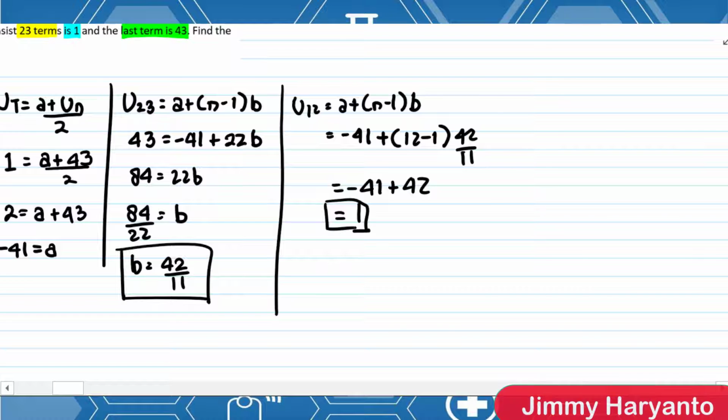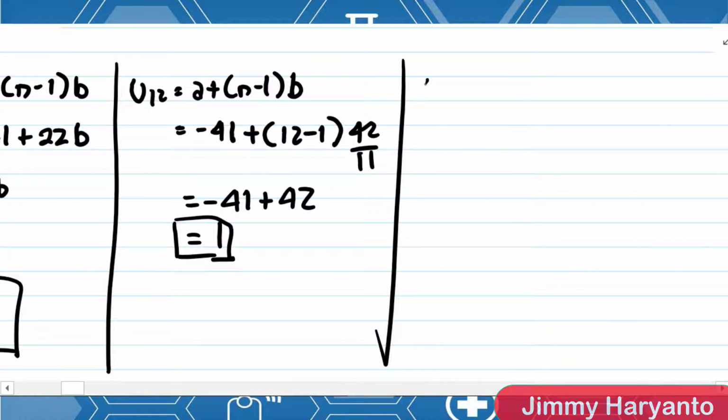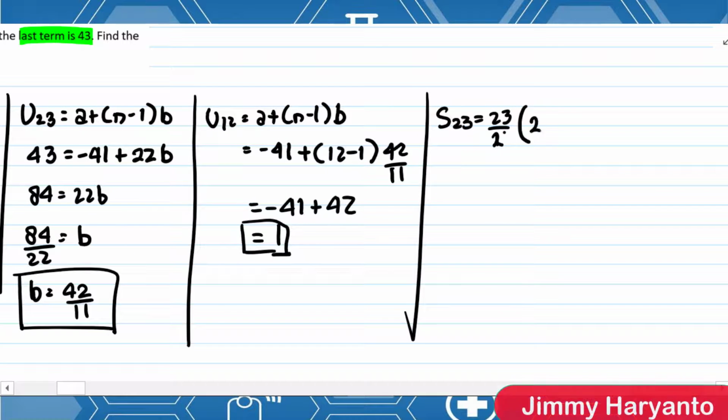And then the question wants us to find the sum of all terms. The sum of all terms means S23 equals 23 over 2, n over 2, times 2a, 2 times a, where a is negative 41, plus n minus 1 times the difference.